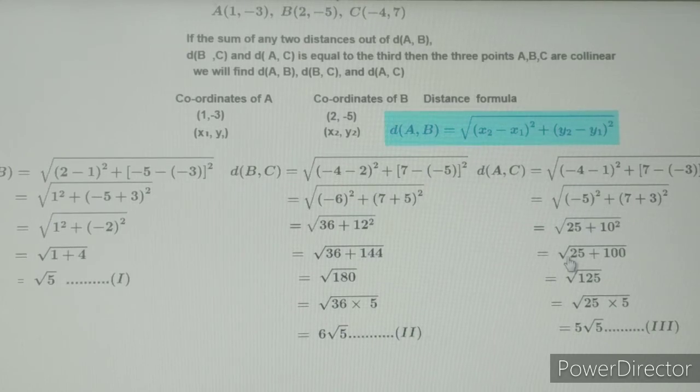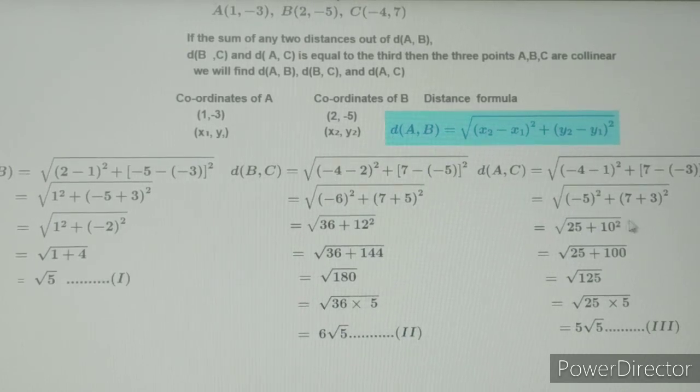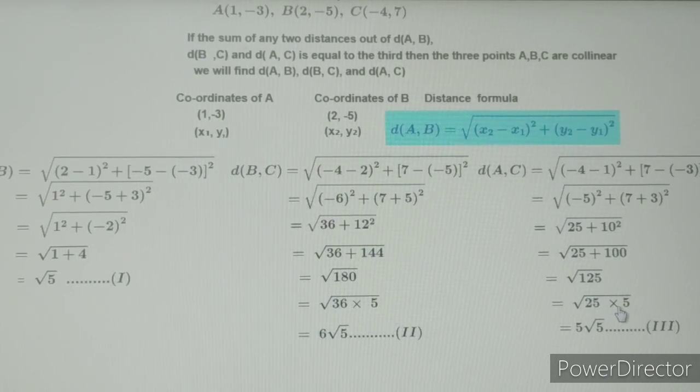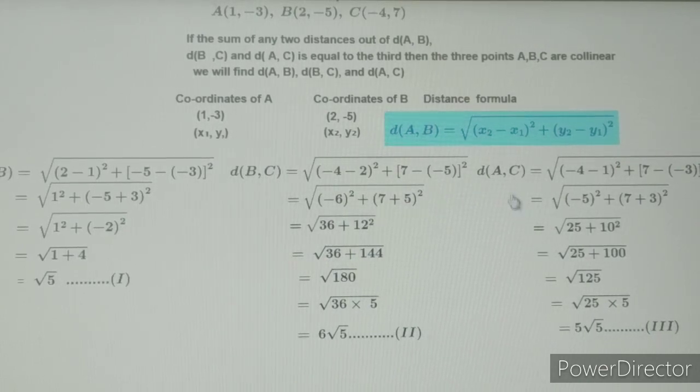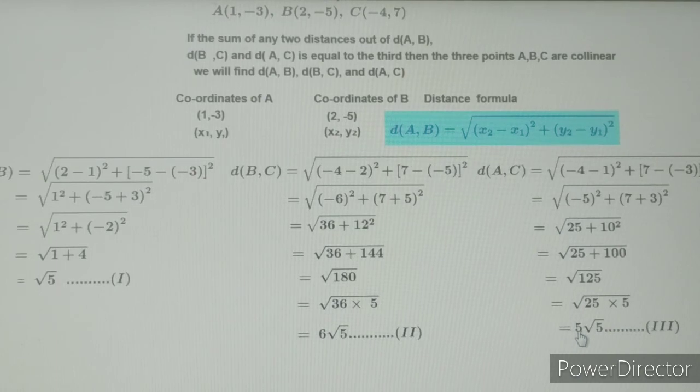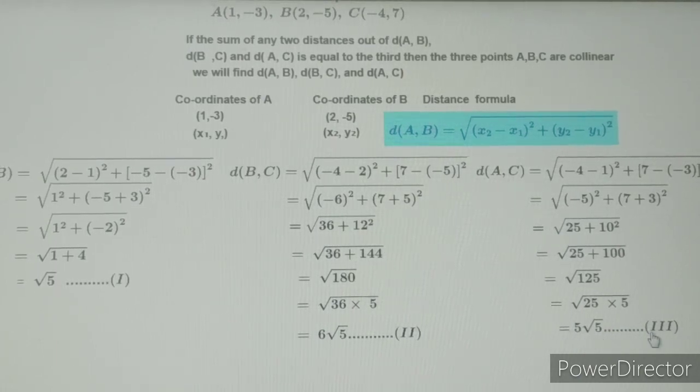So (-5) square is 25, 7 plus 3 is 10, 10 square is 100, then 25 plus 100, we get square root 125. Factorize 125. Here factors are 25 into 5, 25 is a perfect square, and thus we get 5 square root 5. Therefore distance AC is 5 square root 5, and this is statement 3.